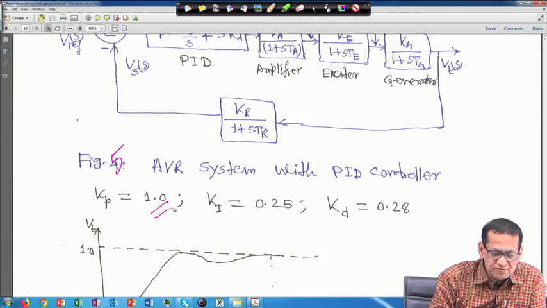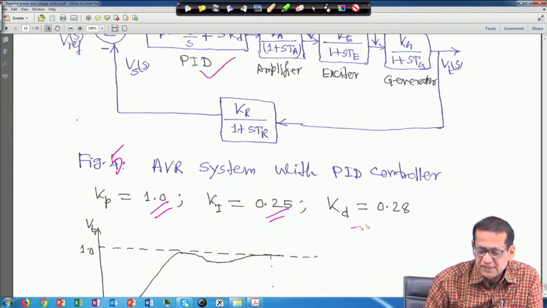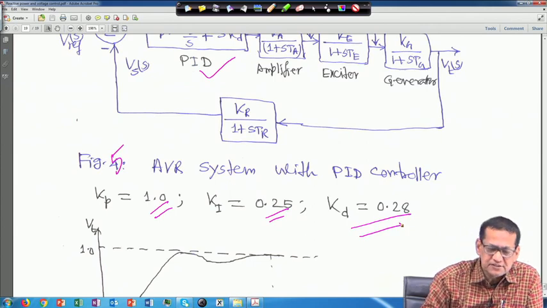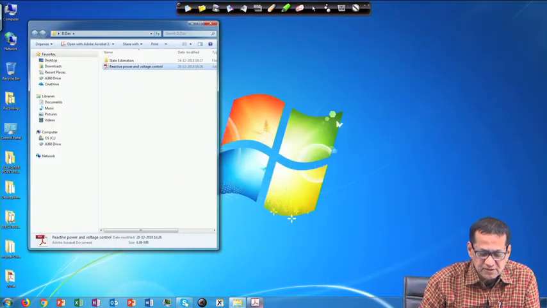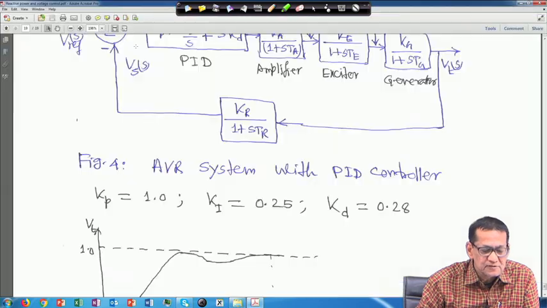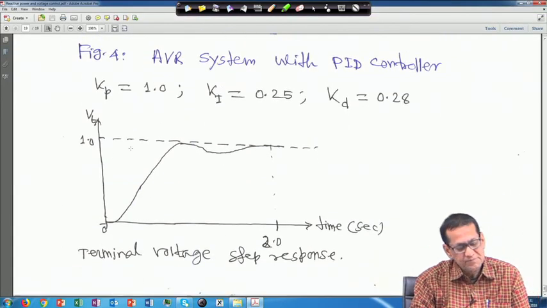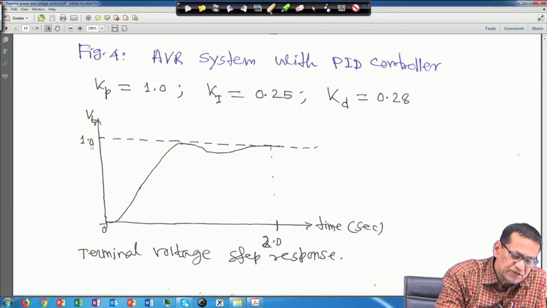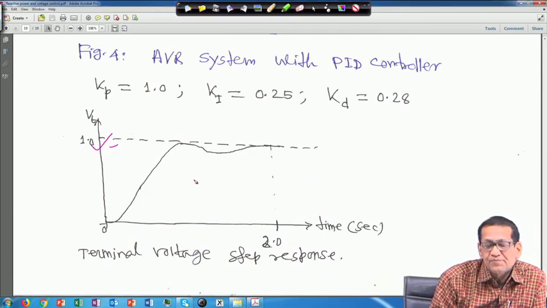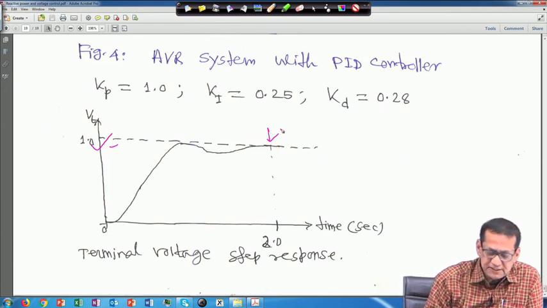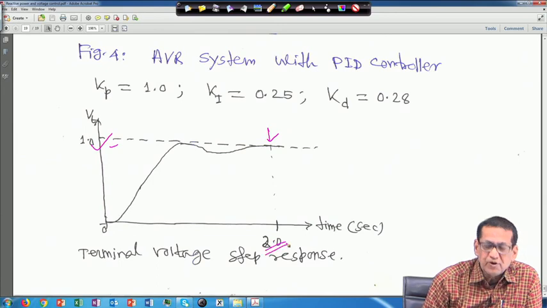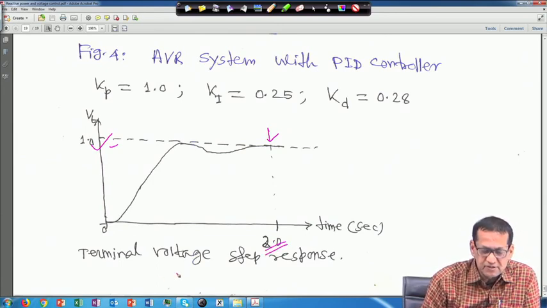Suppose Kp is equal to 1, the proportional gain for that PID controller, Ki is equal to 0.25 and Kd is equal to 0.28. This we have taken. If you see this, you will see that Vt settles to 1.0 with the PID controller, at nearly 2 seconds, and this is the terminal voltage step response.